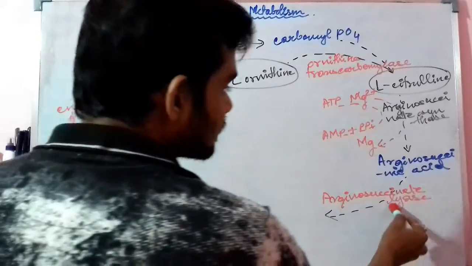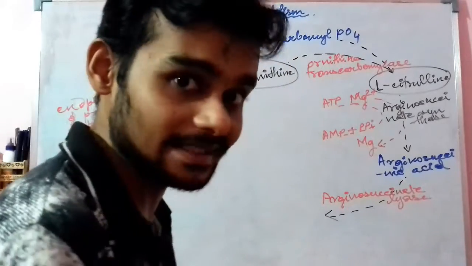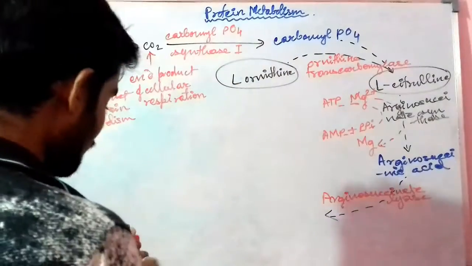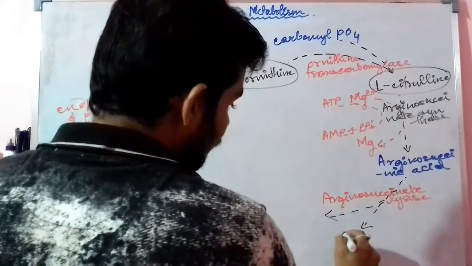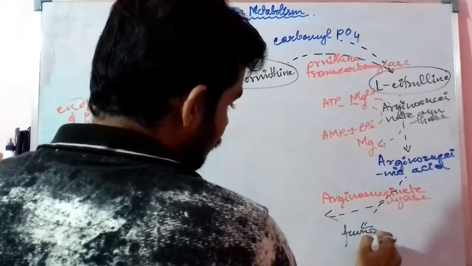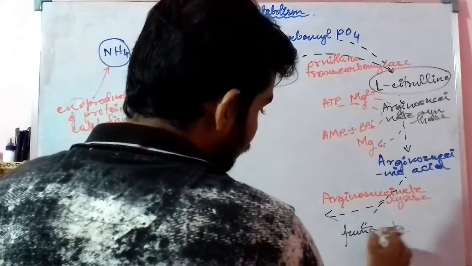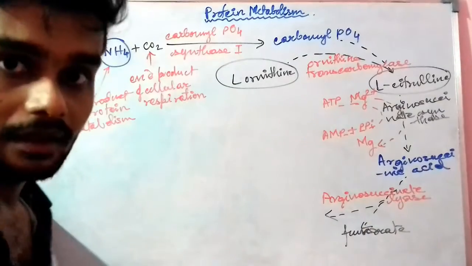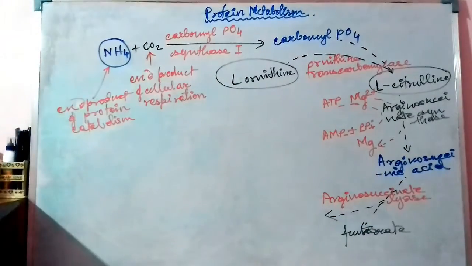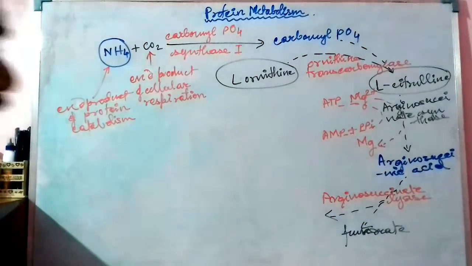So the arginosuccinate lyase breaks down the arginosuccinic acid into fumarate and also forms L-arginine.